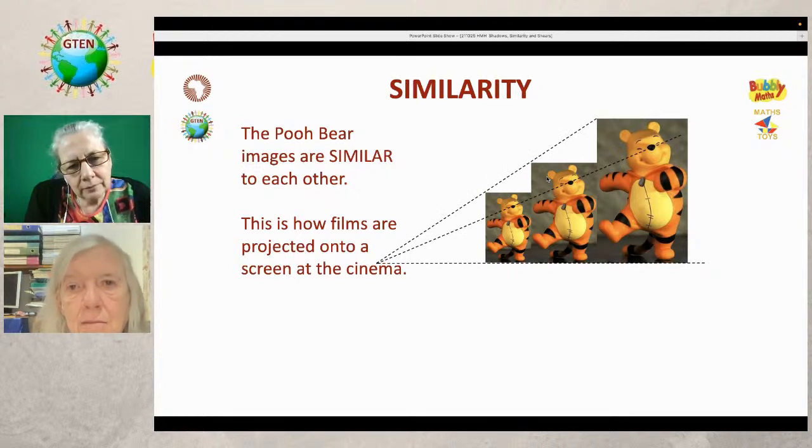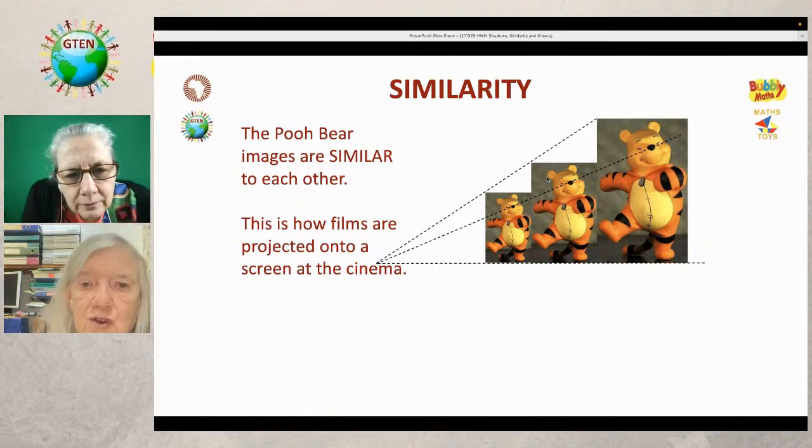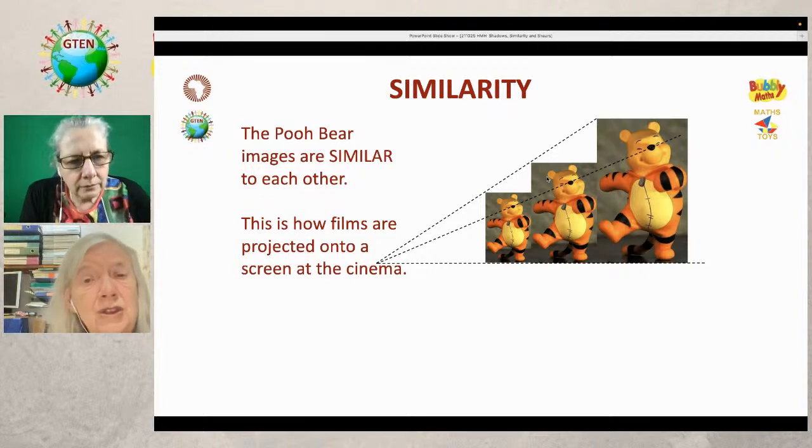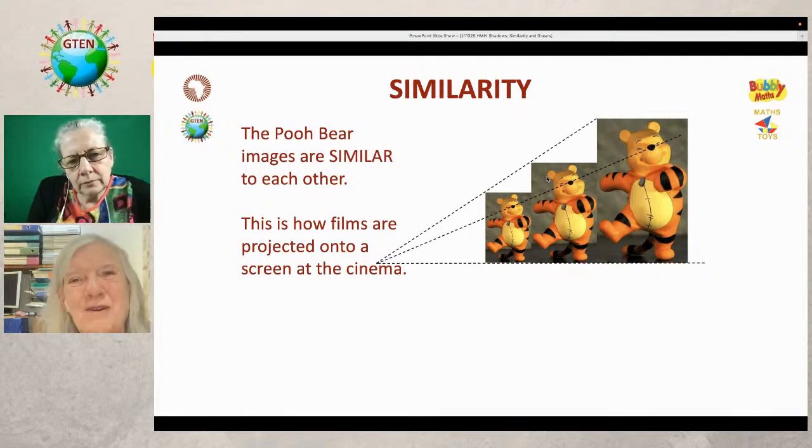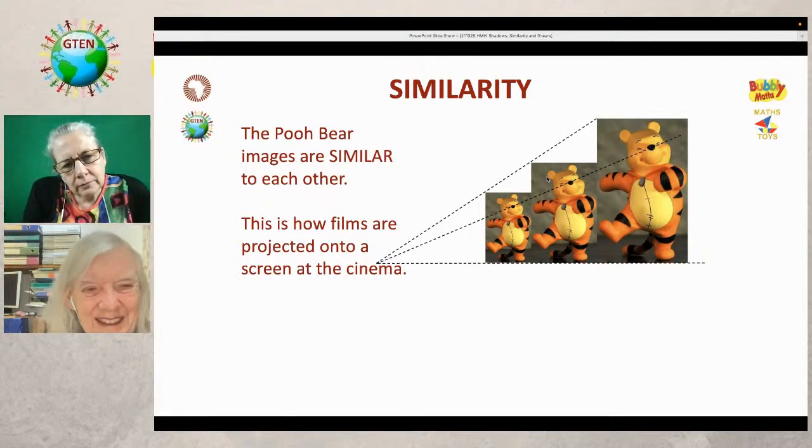So the same point, if you look at Pooh Bear's nose, and the light source is just above the E in cinema there, and you've got to imagine that those dotted lines show you some rays of light, which is giving you that projection, or rather 3 projected images of Pooh Bear.